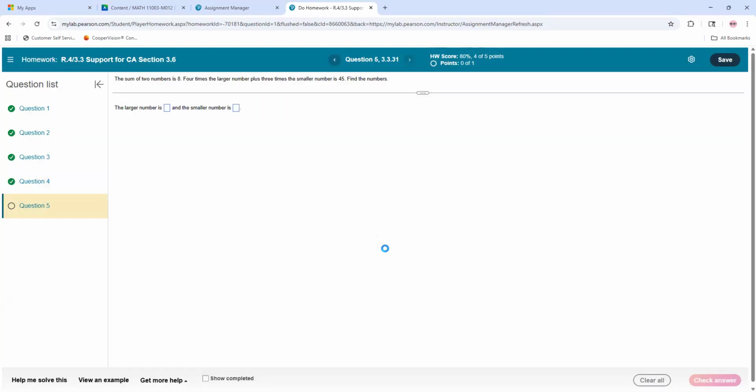All right, this might be the only one we got to do a little work on. So the sum of two numbers is 8.